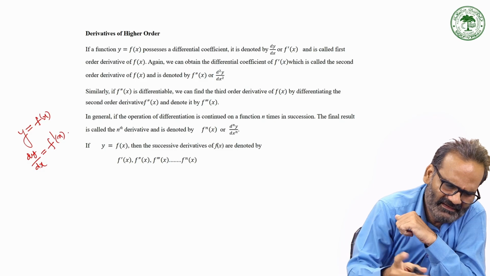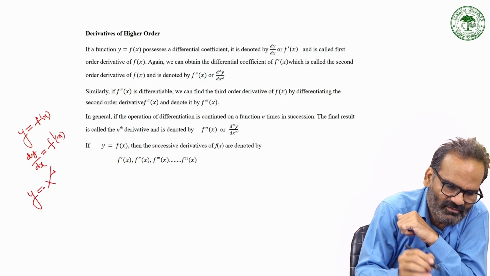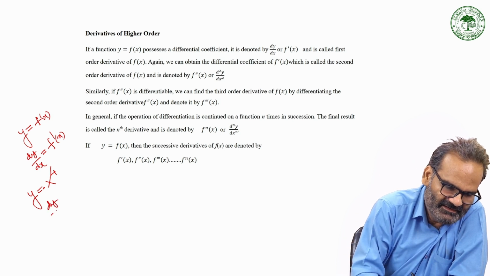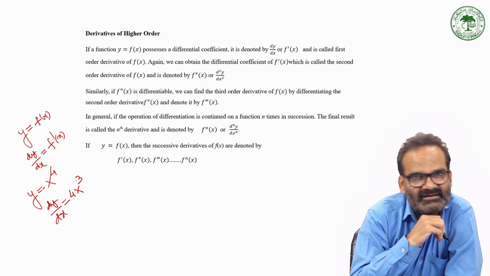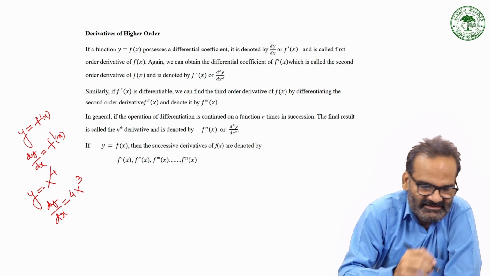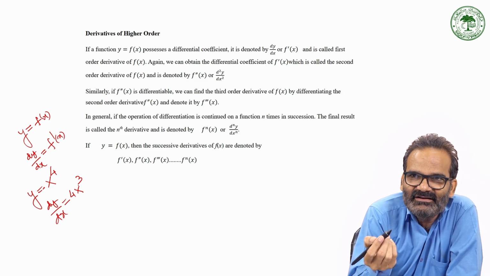For example, take the best example to understand this. y is equal to x power 4, for example. What is dy over dx? dy over dx is equal to 4x cubed by the formula of x raised to power n. x cube can again be differentiated using the formula of x^n.